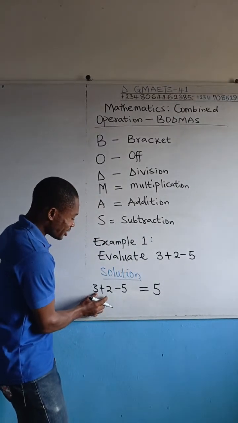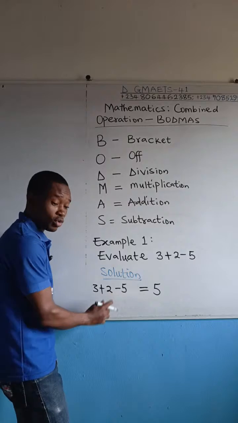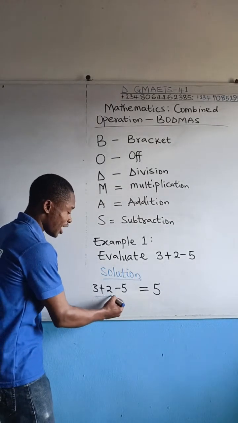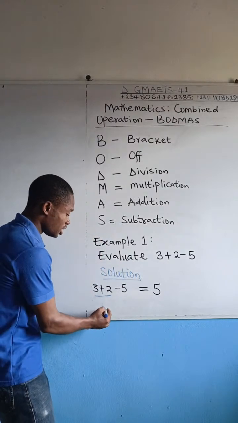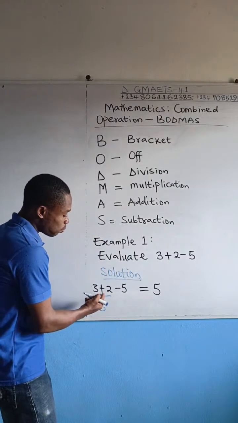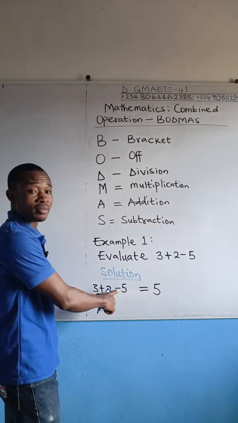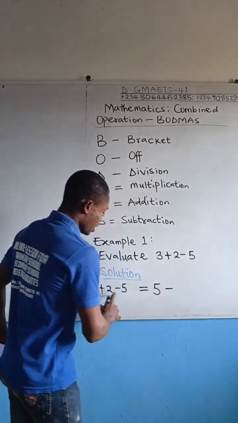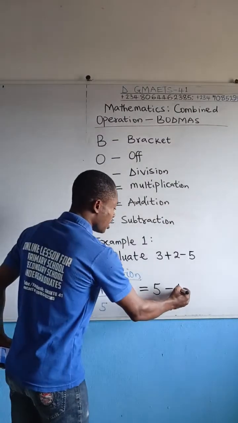So if I add 3 and 2 and I get 5, watch this. I have been able to add 3 and 2 and I got a single number, which is 5. After this 3 plus 2, what you see as a mathematical sign is minus. So I'm going to fix minus, and after that minus, you see 5. Look at the 5 here.